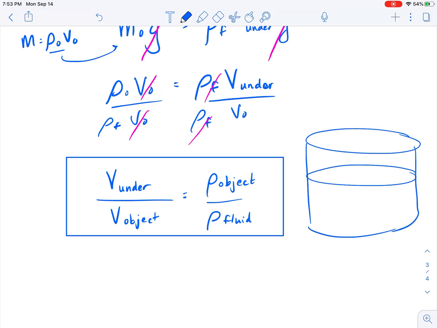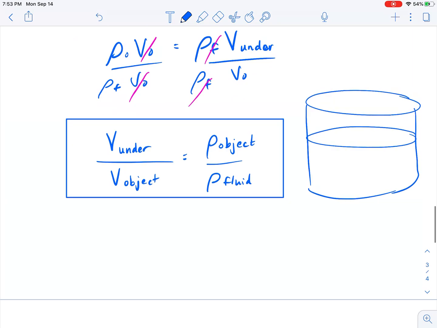Let's say that I've got a vessel of water. Water's really handy because the density of the fluid, the density of water, is 1 gram per centimeter cubed, or 1,000 kilograms per meter cubed. And let's say that I have an object floating in the water.